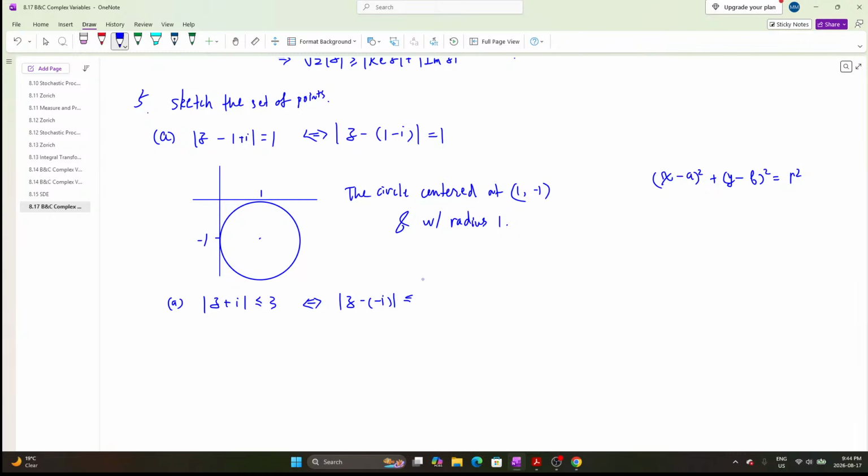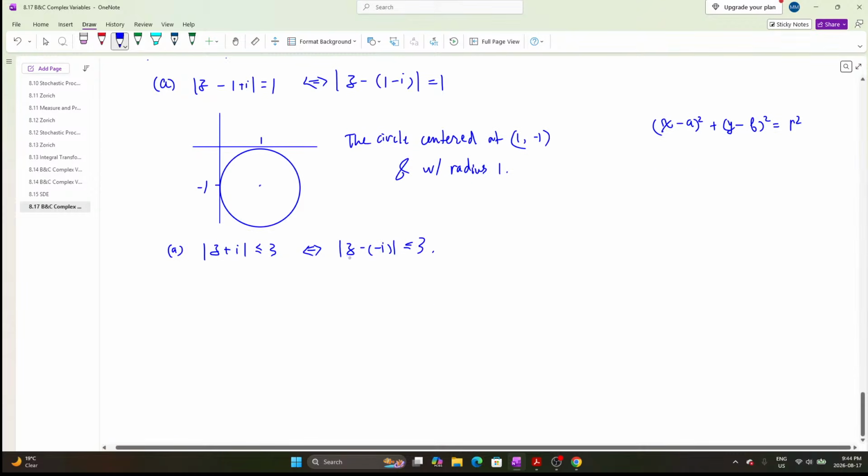So here we have the second set, which is an inequality. It just says that the distance between z and minus i is less than or equal to 3. So that's inside the circle and on the circle. Okay, so let's draw the picture. Here the center is minus i.